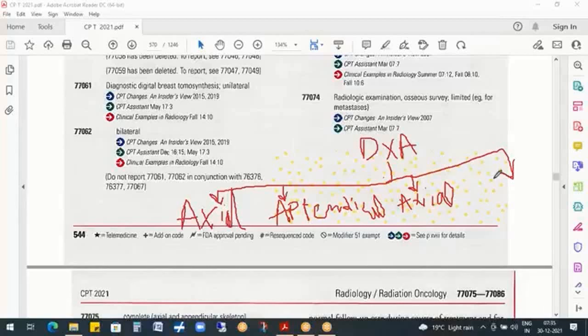What are the four key terms for DEXA scan? First one is axial skeletal. Second one is appendicular skeletal. Third one is axial with vertebral fracture. Fourth one is only vertebral fracture.